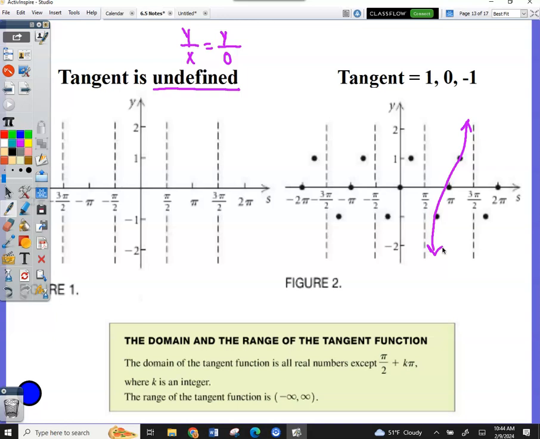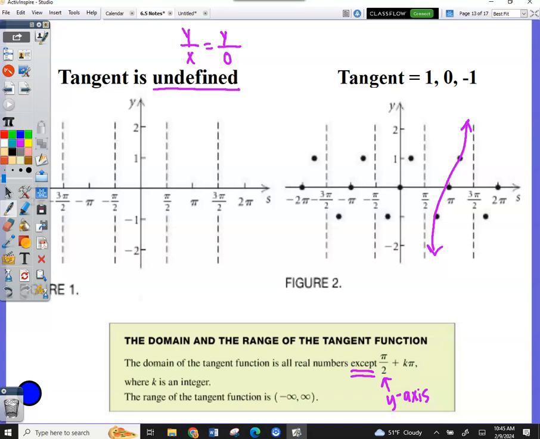The domain would be the increments on those pi over 2 values, which we've already talked about. It's every pi over 2. Up here, down here. Up here, down here. Every time. Over and over. So the range would be all real numbers, except it's going to skip. This is the y-axis, if you think about it. It's going to skip on the y-axis every time it hits.